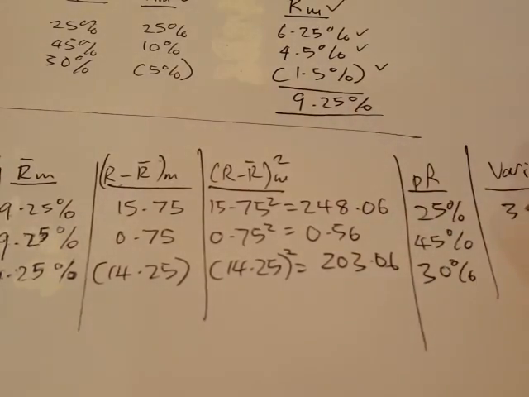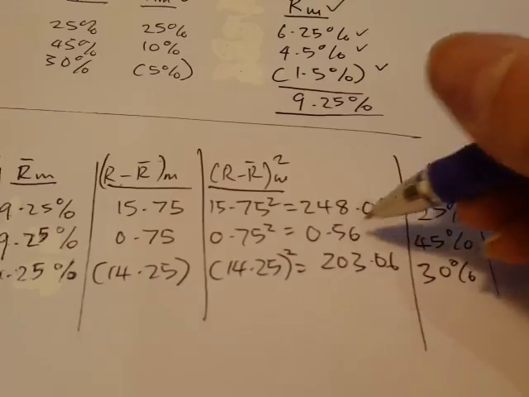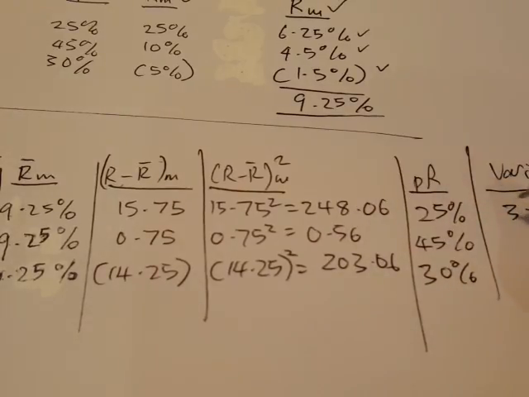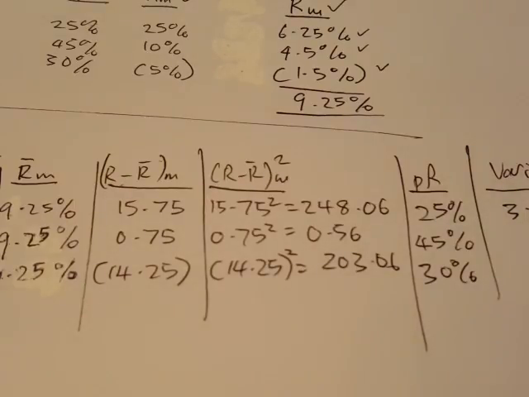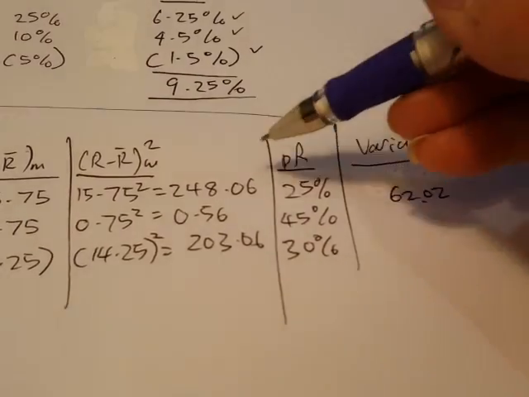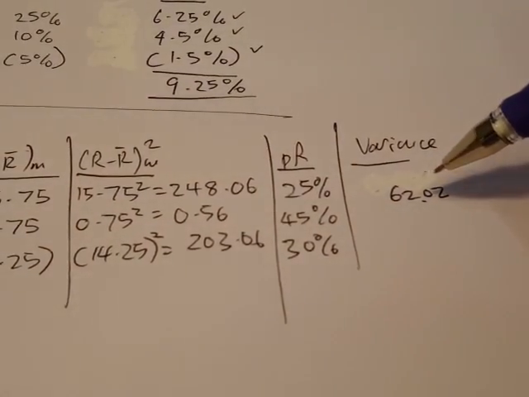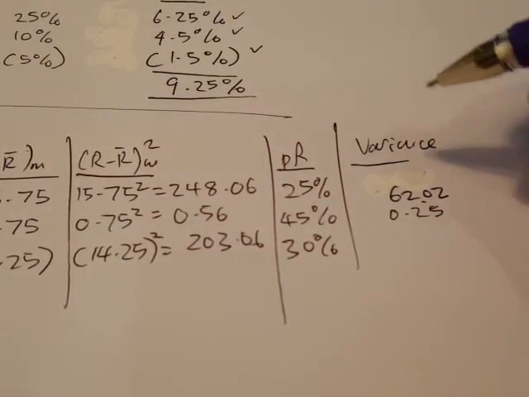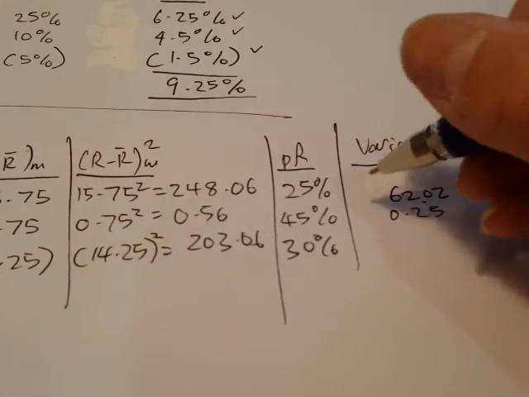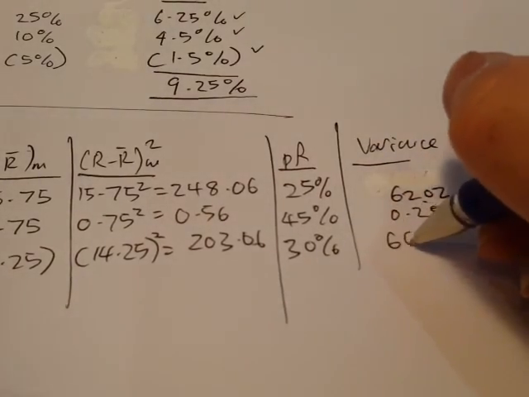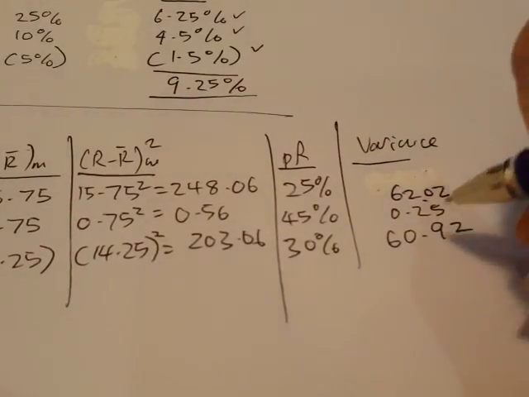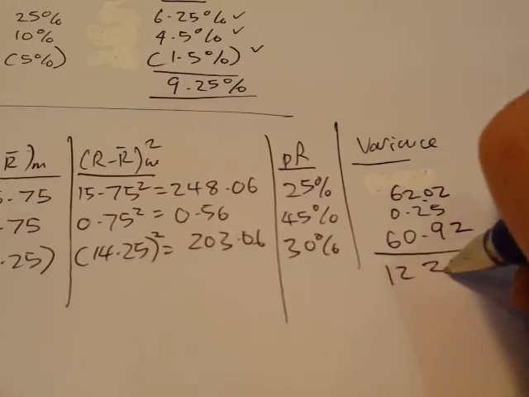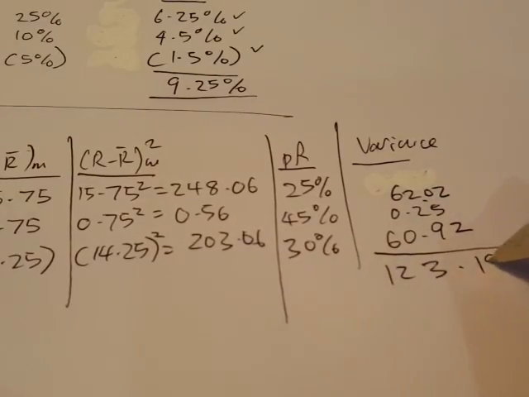This times this, you get 3.8. This times this equals 2.02, this times this equals 0.25, and this times this you get 60.92. So the variance is 123.19.